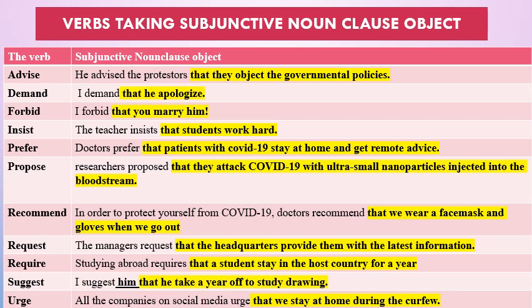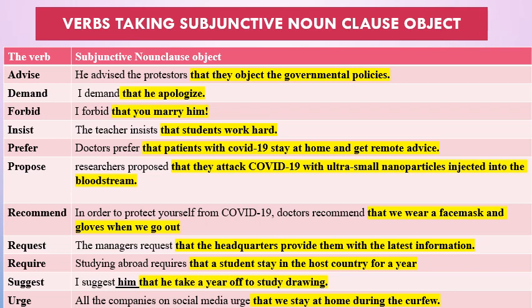I forbid that you marry her, or marry him if you are talking to a woman. Same, the noun clause that you marry him is in the place of the object. The teachers insist that students work hard. All the object, that students work hard.